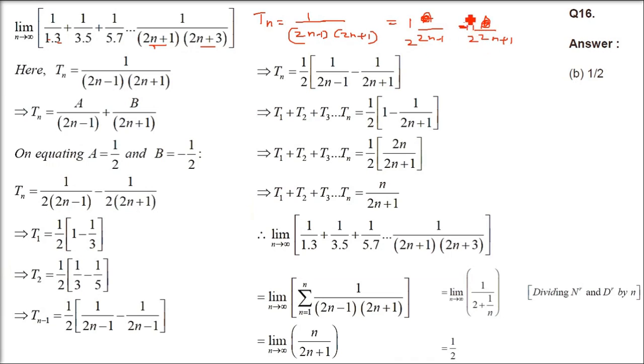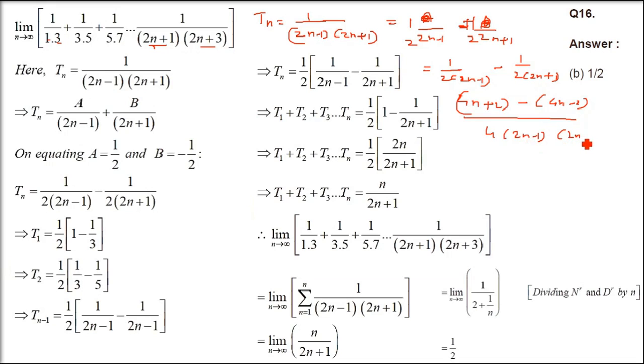So this is half. I can directly tell you the answer. Even if you solve it, you will see that it is going to be equivalent to 1 by 2n minus 1 and 1 by 2n plus 1 if I take a as half and b as minus half. So eventually the whole idea is that 1 by (2n minus 1)(2n plus 1) has to be written in the form of something by 2n minus 1 plus or minus something by 2n plus 1, in the form of partial fraction.